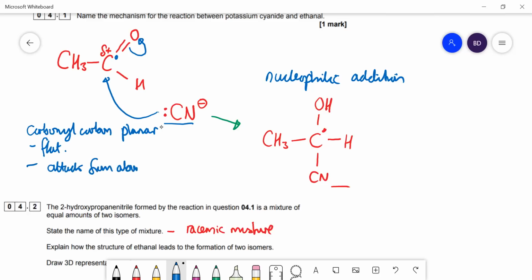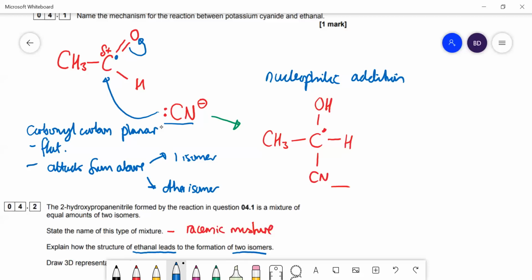If it attacks from above, you get one isomer. If it attacks from below, you get the other isomer. So the structure of ethanal is essential there to say that the carbon is planar, is flat, and then leads to the formation of two isomers.